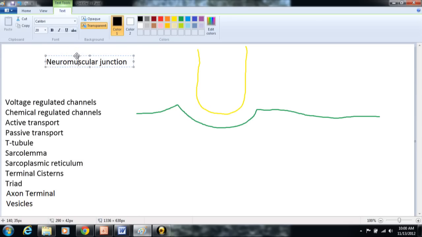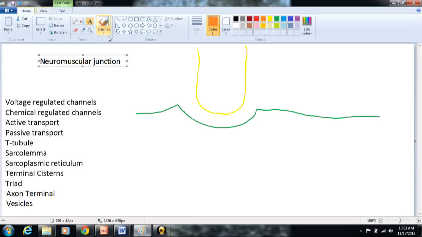Okay, so the first step in the neuromuscular junction is you receive an action potential from the axon. The action potential causes a change in voltage, a change in potential. All these things are synonyms for a voltage.